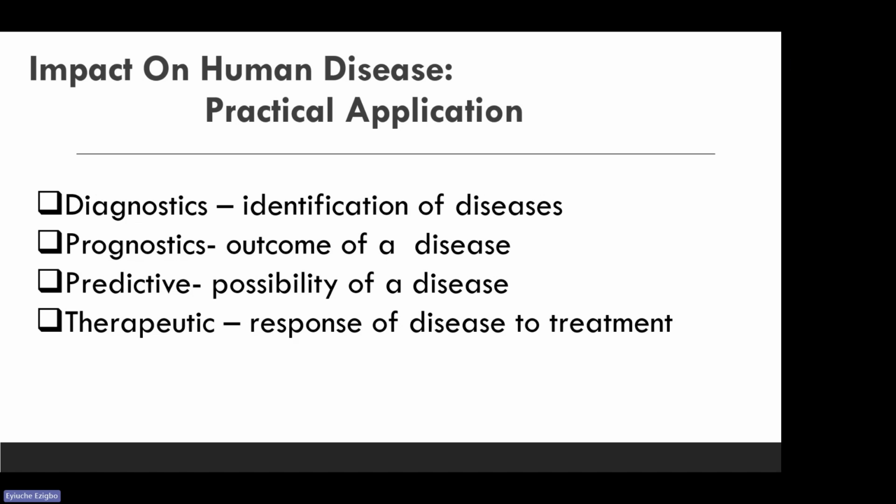Okay, these are some of the things you can be able to say or come up with, knowing someone's genetic makeup. You can say this person suffering from this disorder may respond well to treatment.